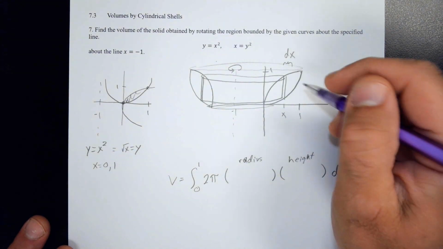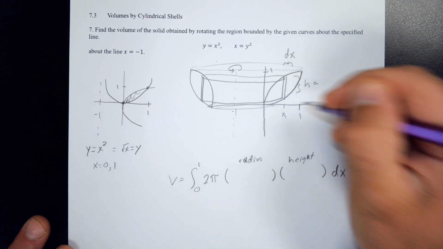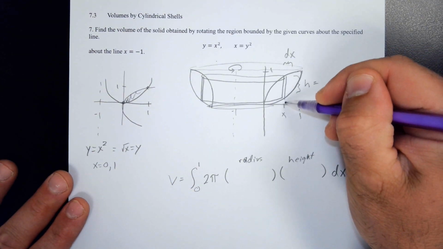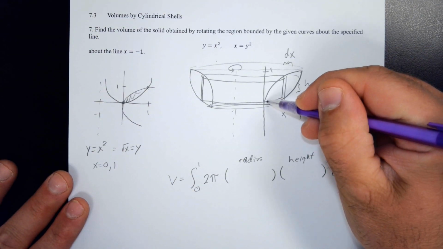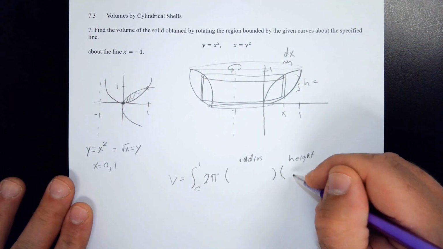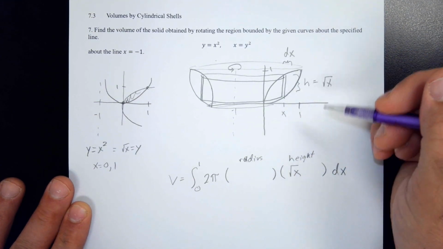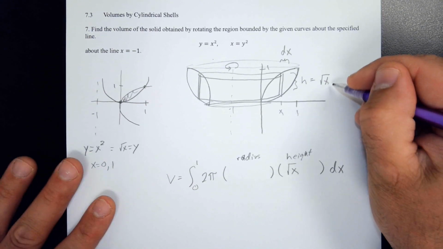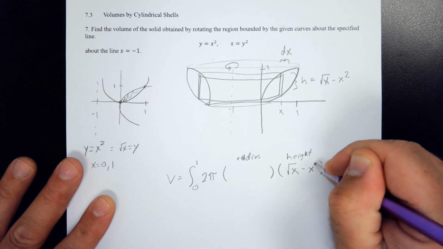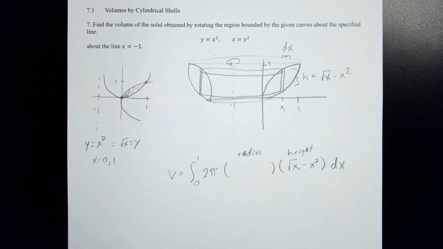Okay, this distance right here is the height of this cylindrical shell. Now, the height is this distance right here, which is y equals the square root of x. But it's not all the way to the square root of x. I've got to take off this little bit, minus x squared. So this whole distance is square root of x, and this distance right there is y equals x squared.